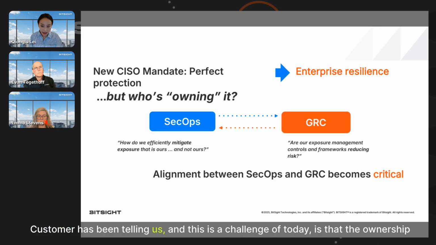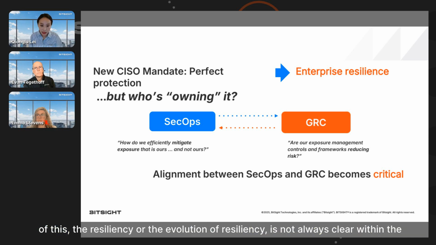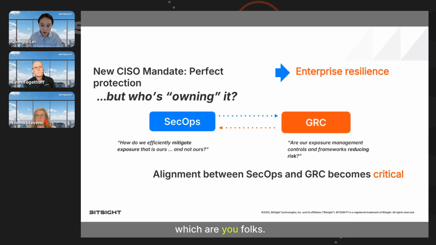Customers have been telling us, and this is a challenge today, that the ownership of resiliency, or the evolution of resiliency, is not always clear within the organization. On one side, you have security operations focused on threats and incidents. On the other hand, you have GRC teams focused on governance and compliance, which are you folks.